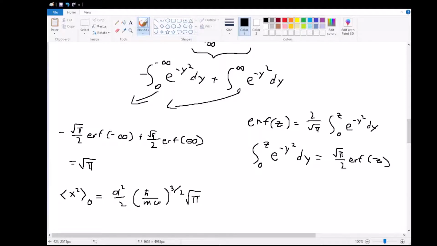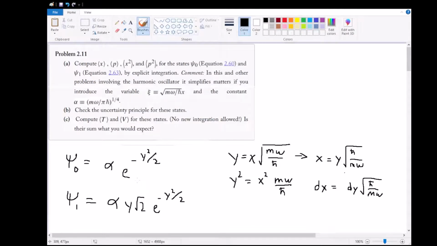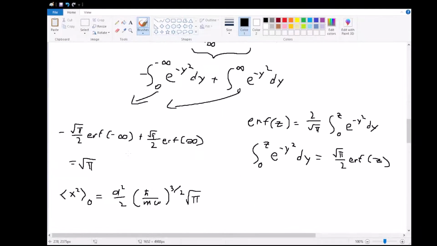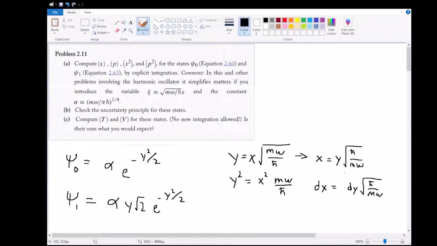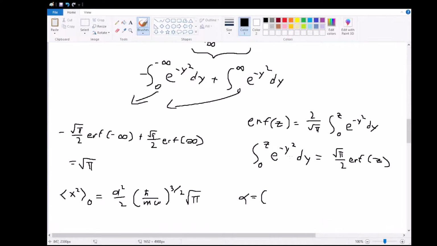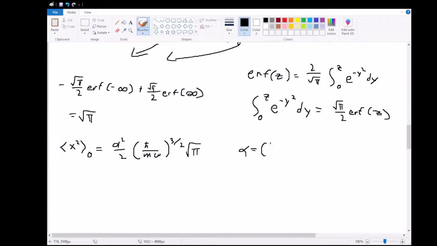However, we can simplify this and make it a little nicer if we re-plug in our alpha term. We know that alpha equals m omega over pi h bar to the 1/4. So alpha squared is just the square root of m omega over pi h bar.